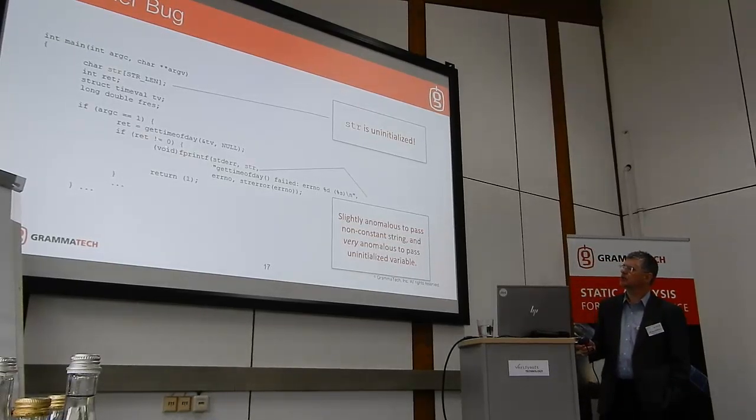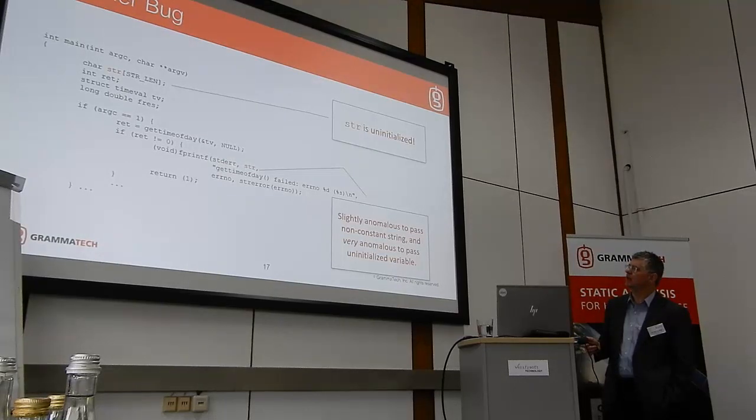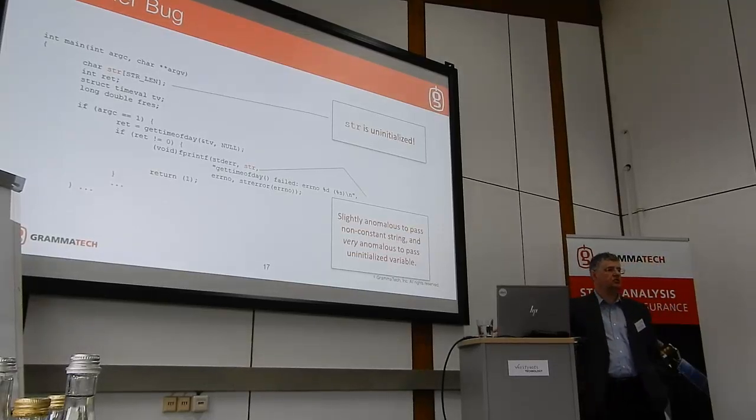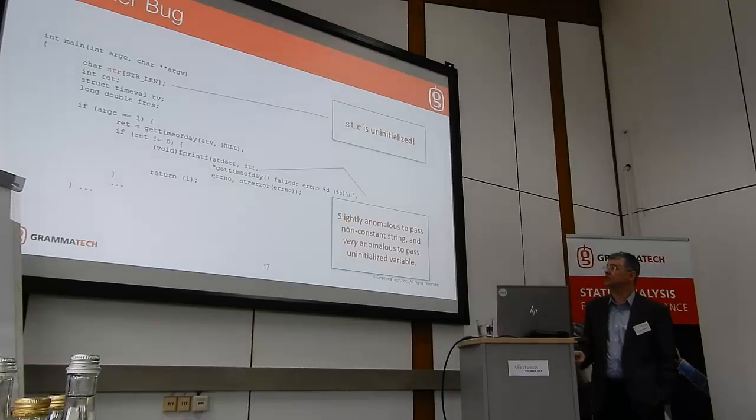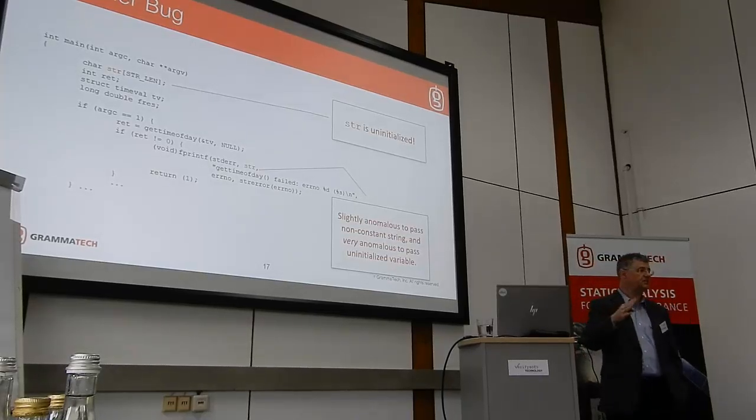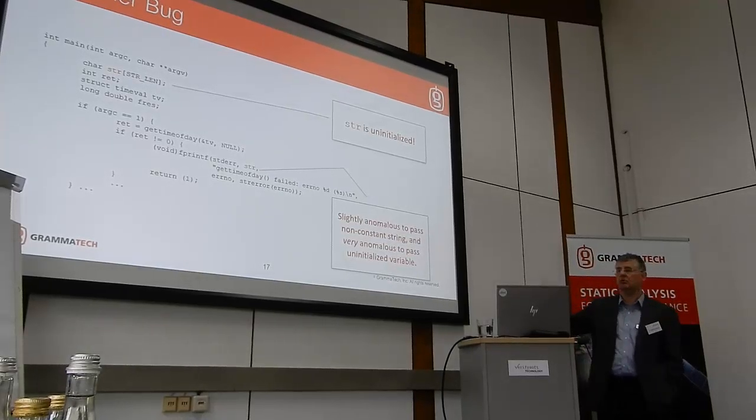So you've got this gettimeofday, and if that fails, then you call this fprintf. So this is an error condition. But what's happening here is really weird, because fprintf takes a file descriptor, in this case stderr, and the next thing is supposed to be a format string. That parameter is expected to be the thing that contains the percents and so on.